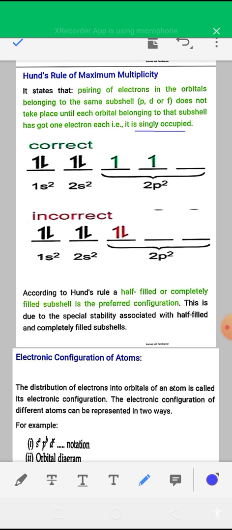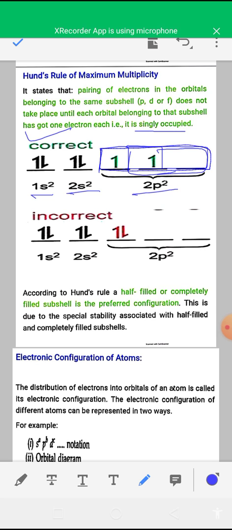So this one is the correct electronic configuration according to Hund's rule. In the 1s orbital 2 electrons, in the 2s orbital 2 electrons, and the 2p subshell has 3 2p orbitals, and you have to give 2 electrons into different 2p orbitals. The other is an incorrect electronic configuration.